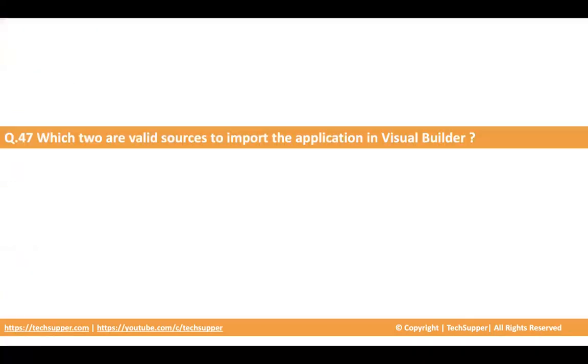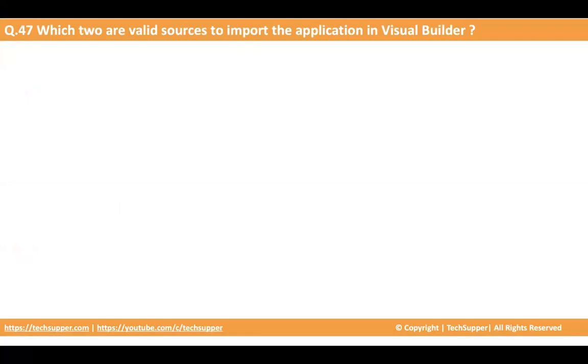Okay, what is the next question? The next question is, which two are valid sources to import the application in Visual Builder? So when you open your Visual Builder application, you will have an import button. When you click on the import button, which two sources you can use to import the application in Visual Builder? Let's look at the options.